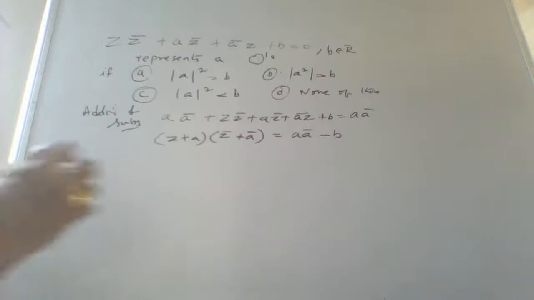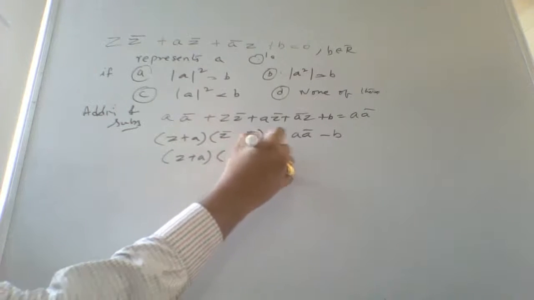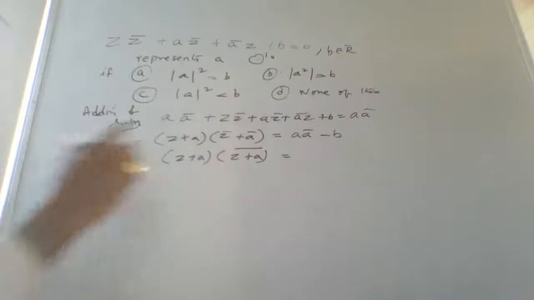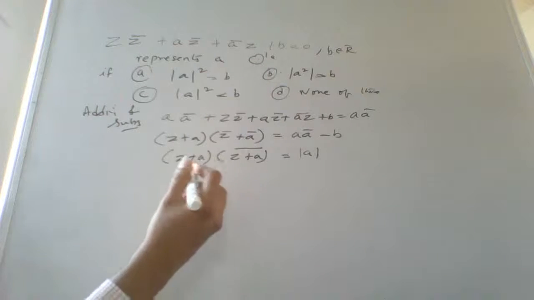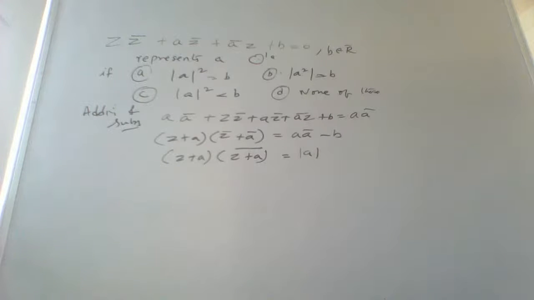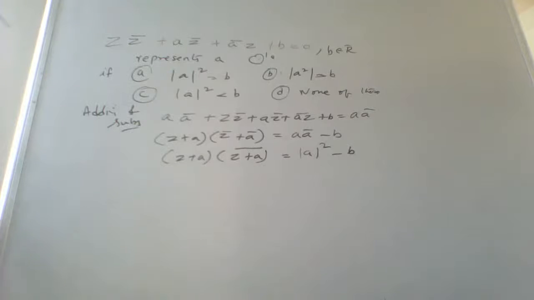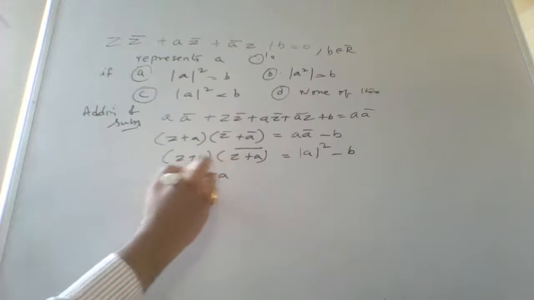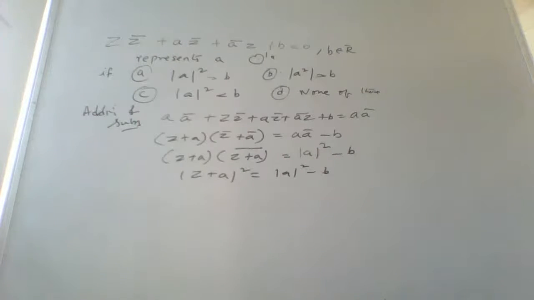Now this I can write as z plus a and whole bar of this, and this I can write as mod a square minus b. Again, this whole thing I can write as mod z plus a whole square.